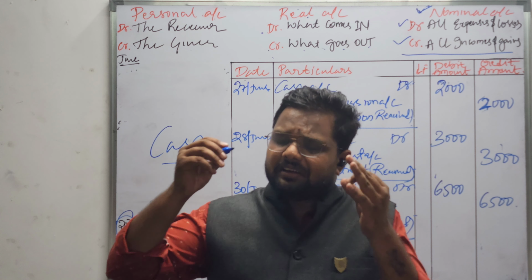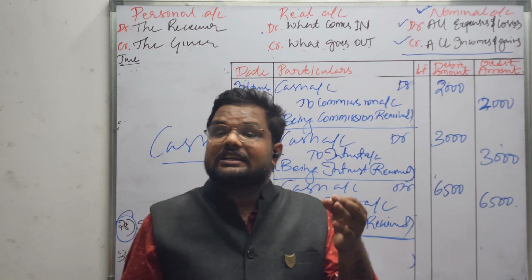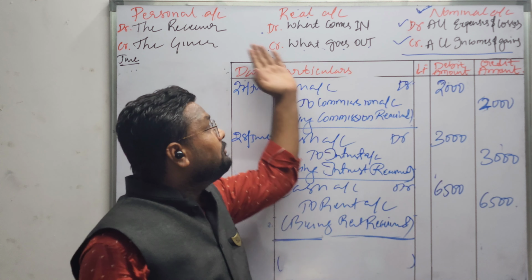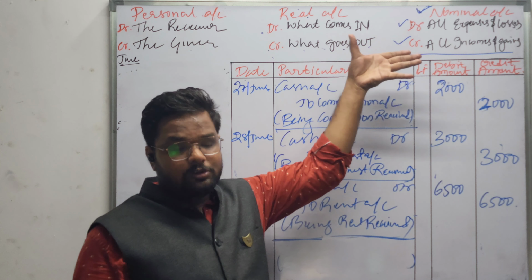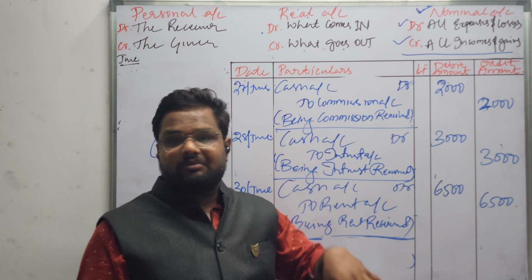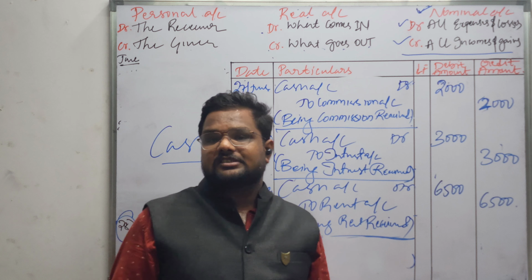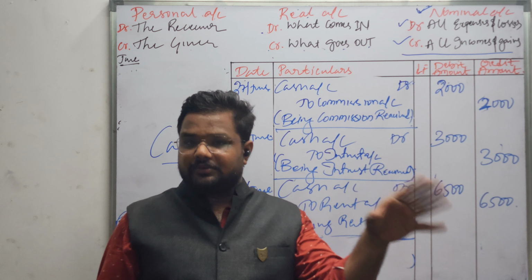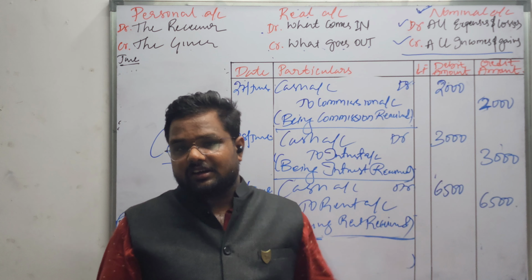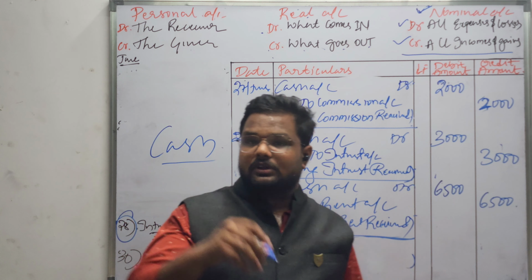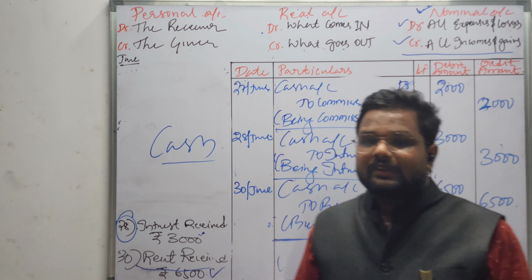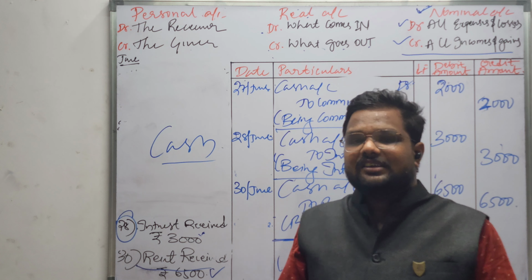Journal entries are really important, and journal entries are easy when you know this. For the rules for debit and credit, we also made one video that's available in our channel, so you can refer to that video. There we have what's a personal account, real account and nominal account, and what the rules are.